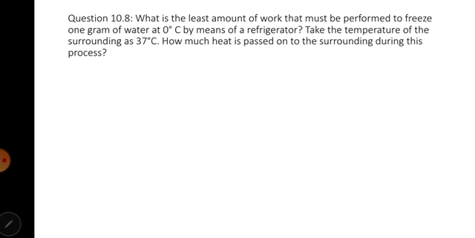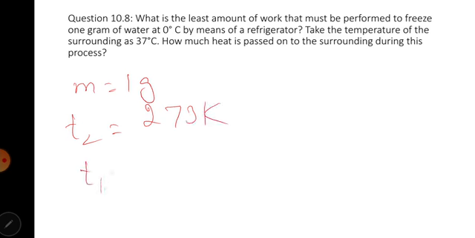What is the least amount of work that must be performed to freeze 1 gram of water at 0 degrees Celsius? So we have to take the mass of water as 1 gram. Temperature T2 is 273 Kelvin.